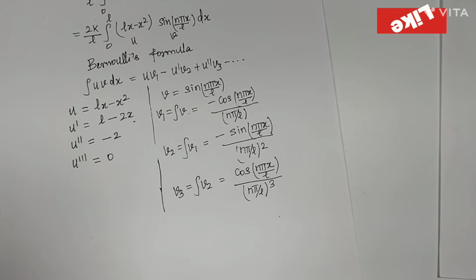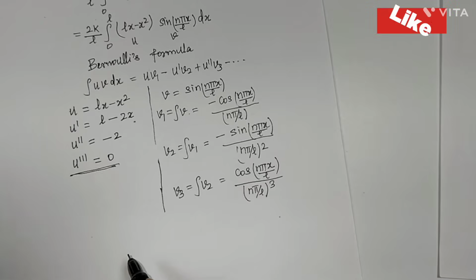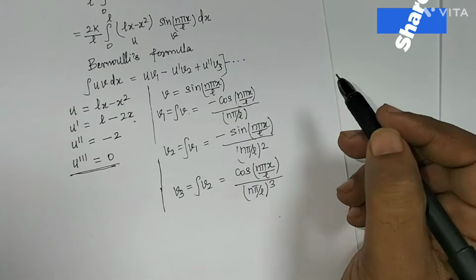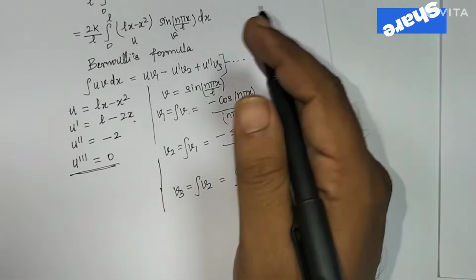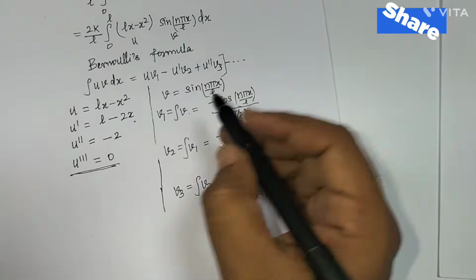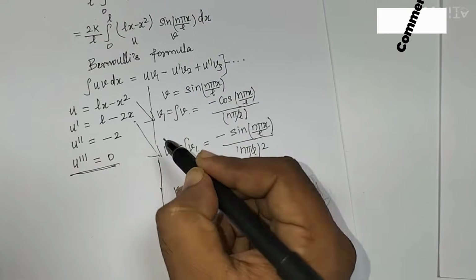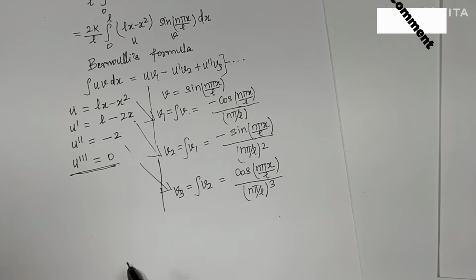But here your u triple dash equal to 0. That means we can stop our process at v3. When we substitute u triple dash equal to 0, the entire Bernoulli's formula will exist. That's enough. So now I am going to substitute u v1, u dash v2, u double dash v3, and you will get the answer for bn.